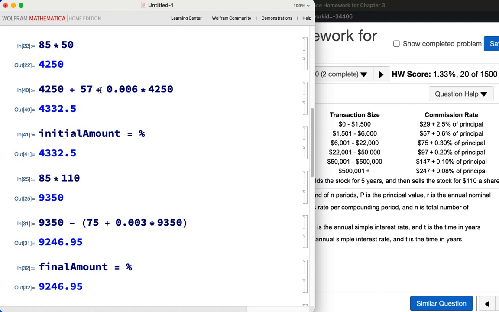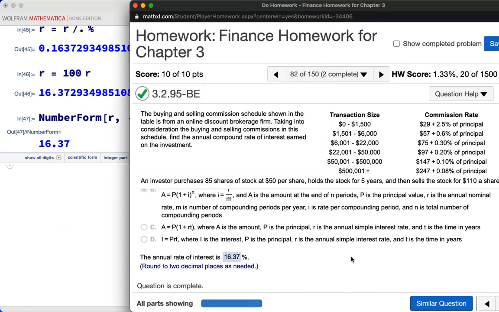And what I did over here, I had times, which is not correct, right? But that's okay, I was able to fix it. So the answer for this problem is 16.37%.